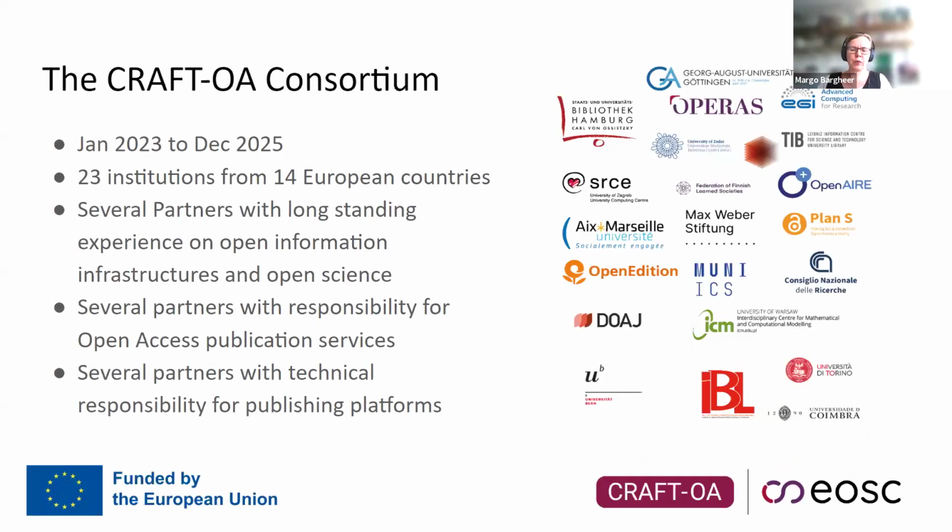We mentioned the CRAFT-OA project already. I won't read you through the number of consortia, but I think most important is that we have several partners within our consortium who are publishing themselves, either as publishers or as publishing services or as infrastructure providers, meaning that within our consortium of 23 institutions, we are somehow also the community that we try to serve. Meaning that we test whatever we do on ourselves, on our own platforms, on our journals.